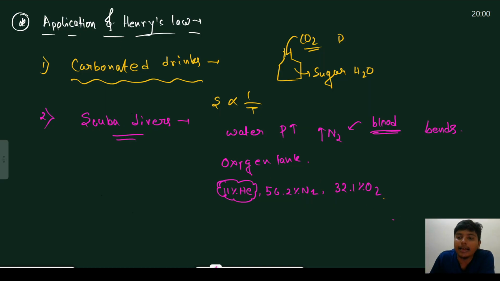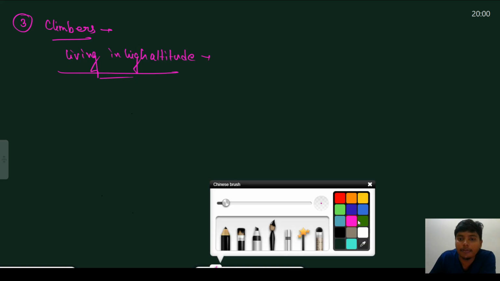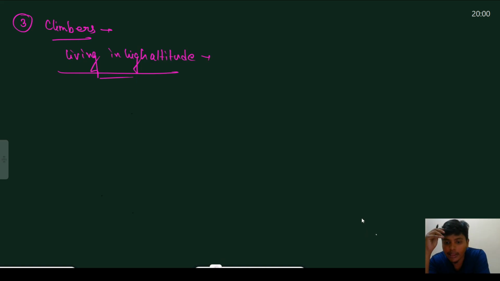Okay. Next, the third thing is climbers. You know, mountain climbers, or those who live at high altitude. I'm talking about very high altitude, minimum 2 kilometers, not like here, 1 kilometer or half a kilometer.